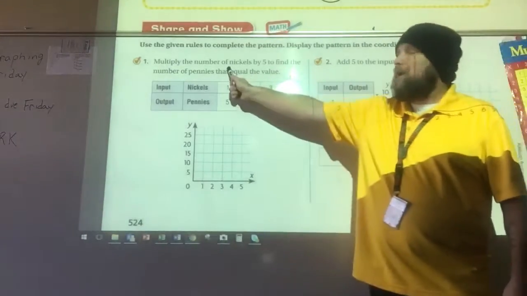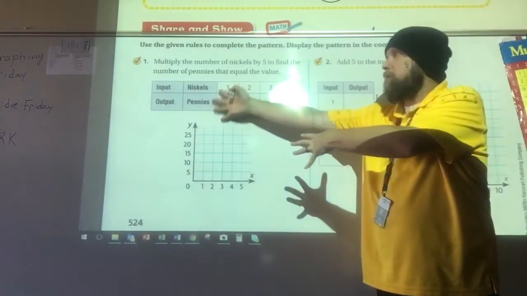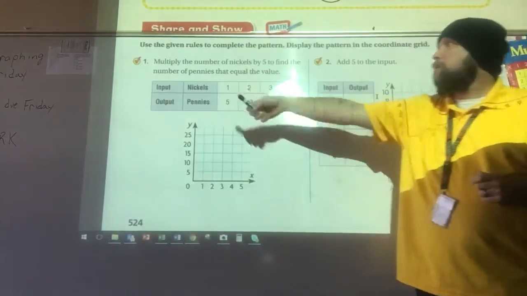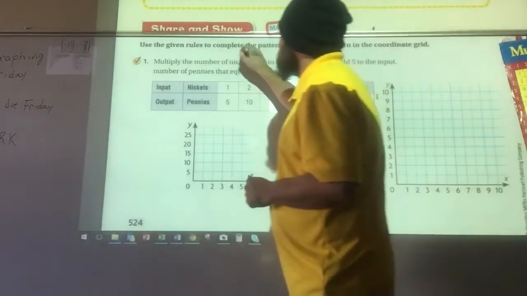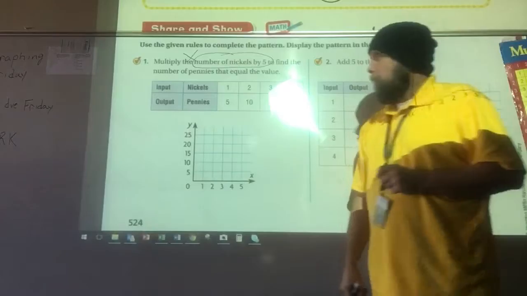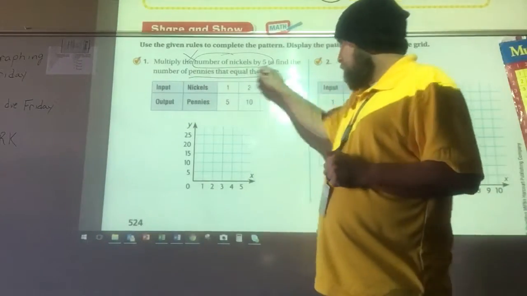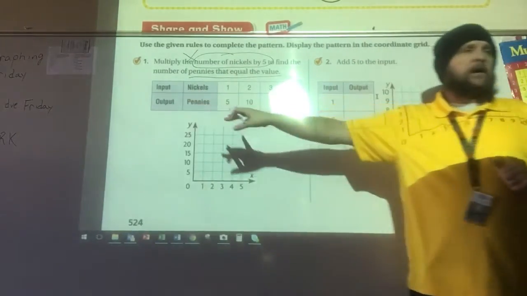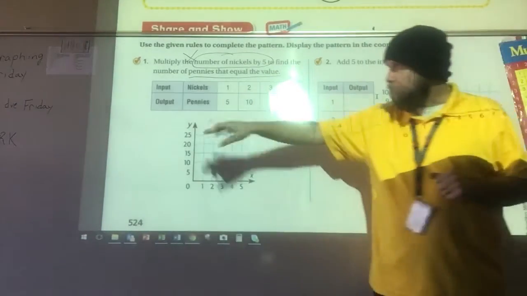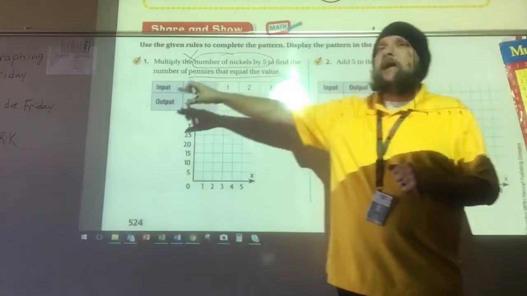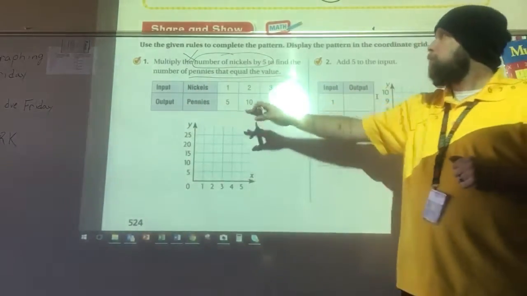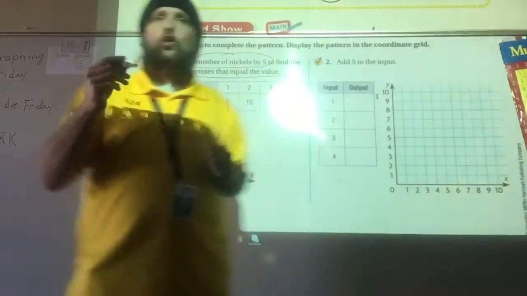We multiply the number of nickels by 5, which means we multiply them to find the number of pennies. The input is what? Nickels. The output is what? Pennies. What kind of pattern is it? Additive or multiplicative? Multiplicative. So what would the rule be?